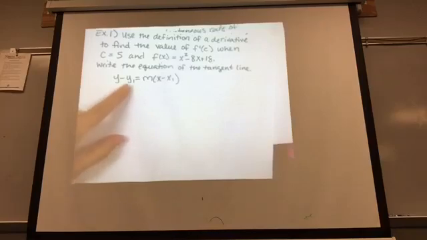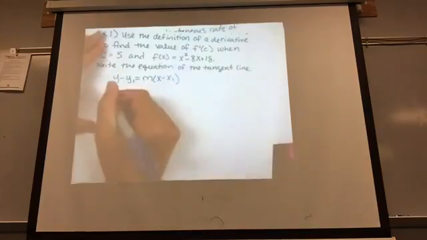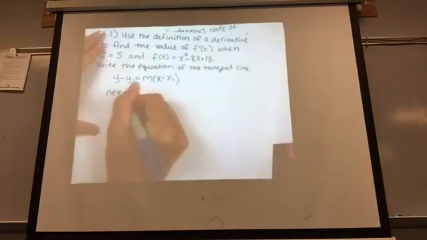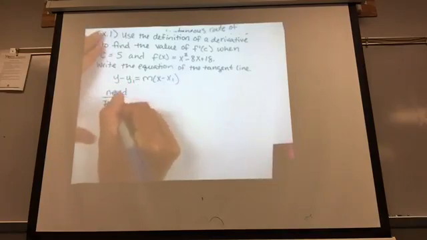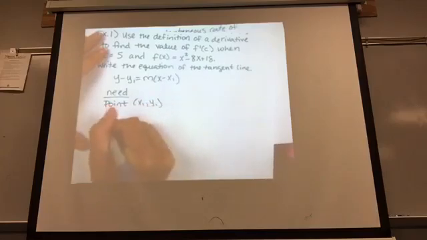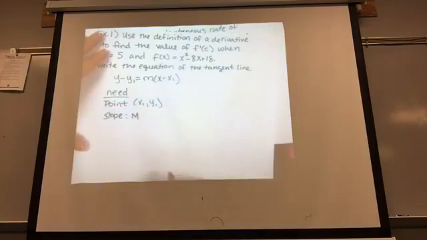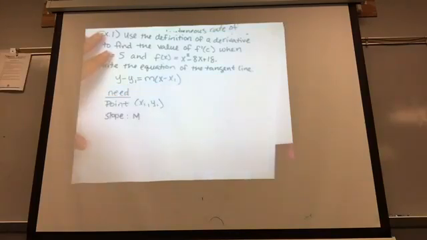And if I'm using the equation of the tangent line, I know I always need a point and a slope. So I need a point for x1, y1, and the slope, which is m. Once I get those pieces, I can answer this question.